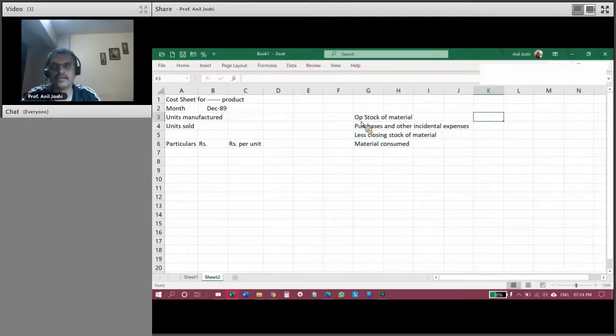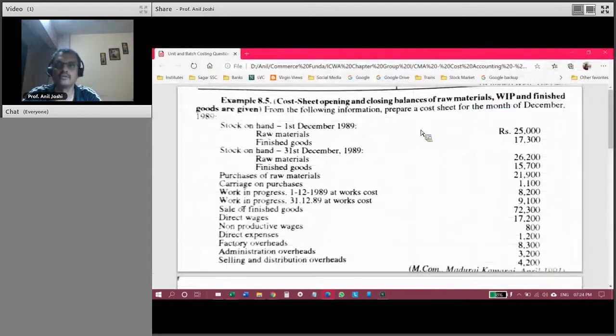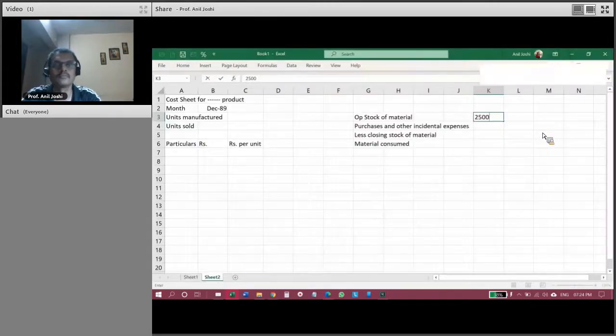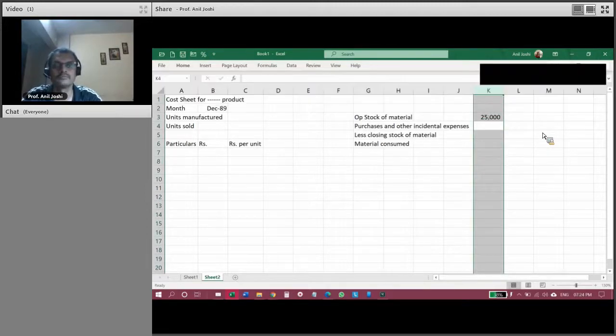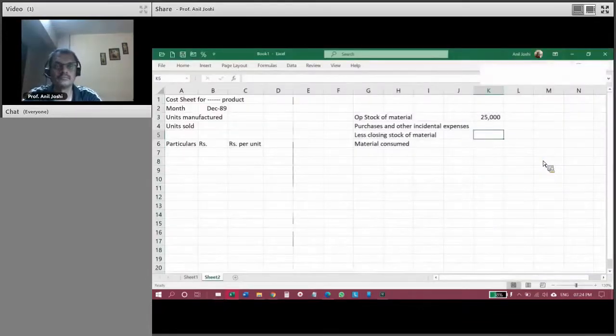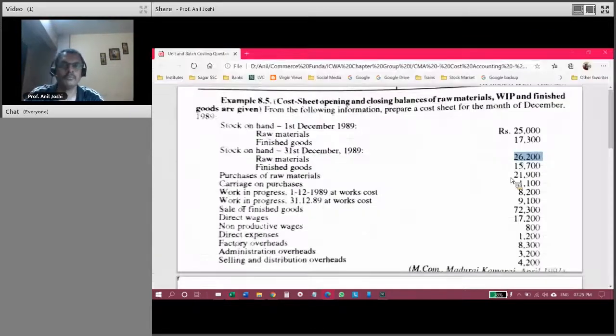Correct? Now let us see how much is the opening stock. Raw material 25,000. The closing stock of raw material is 26,200. Purchases 21,900.